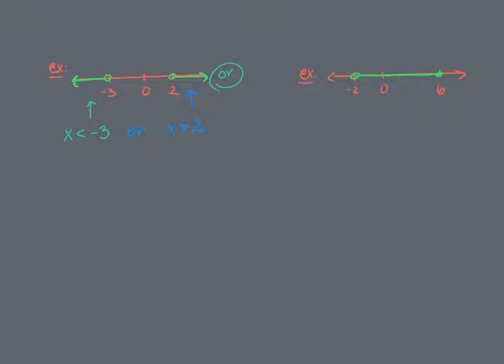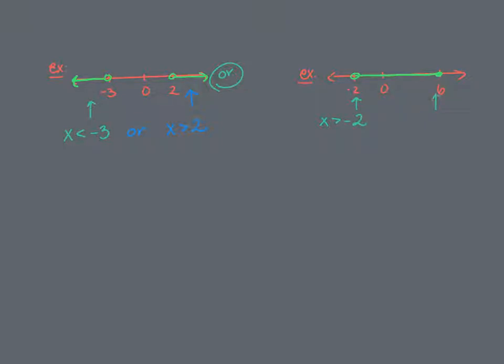If we look at the next statement, we have two inequalities again. This time, however, they are everything in between negative 2 and 6. The way I'm going to write it is to first look at it individually. This says all numbers greater than negative 2. If I start on the left side, I have all numbers greater than negative 2.